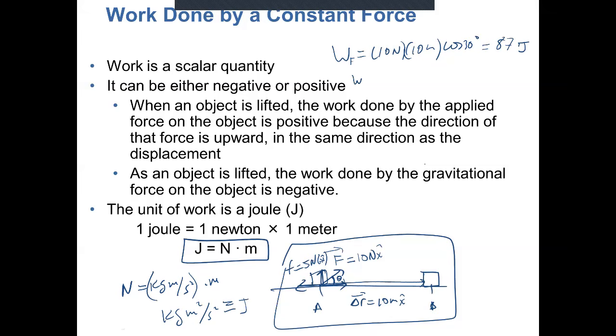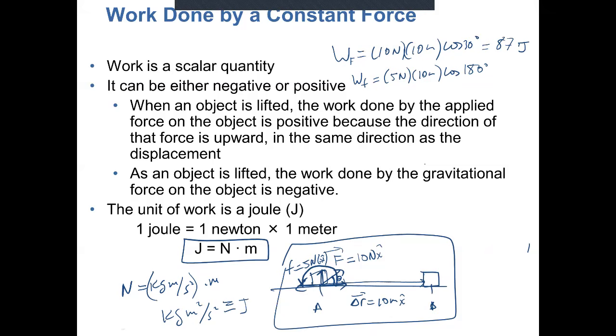So what will be the work done by the friction? Well, the friction applies 5 newtons of force, so we write down its magnitude. The box still moves 10 meters to the right, so that's 10 meters, its magnitude. And then this is cosine of theta. The theta for the work done by this force is the force direction relative to the displacement direction. The displacement is to the right, the force of friction is to the left, so the angle between them is 180 degrees.